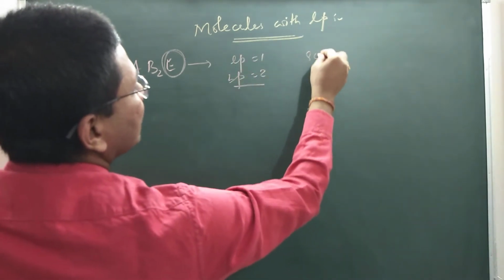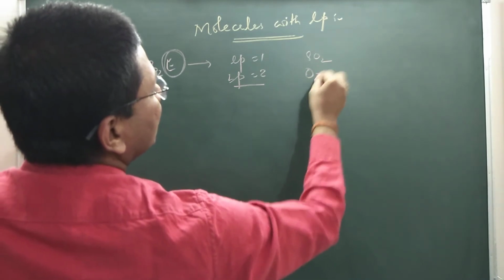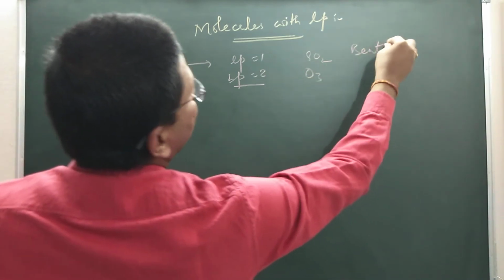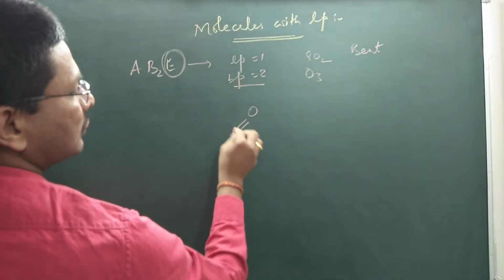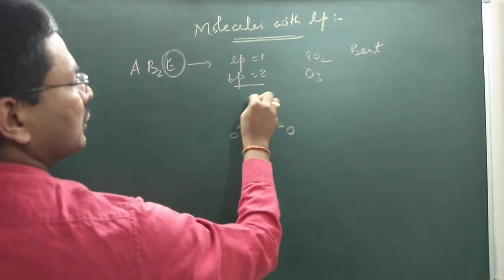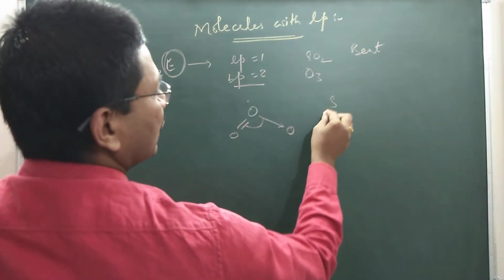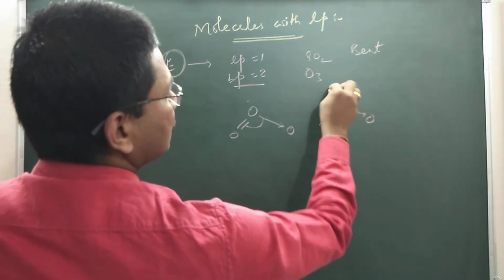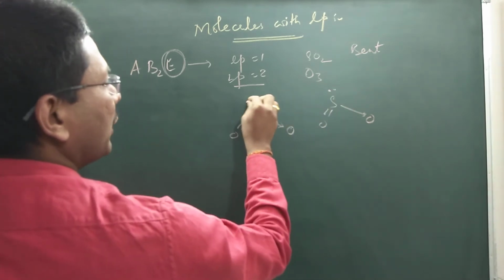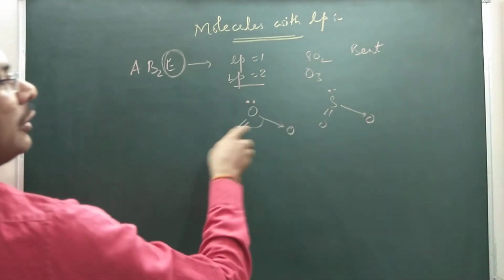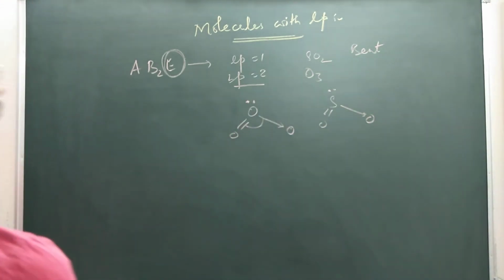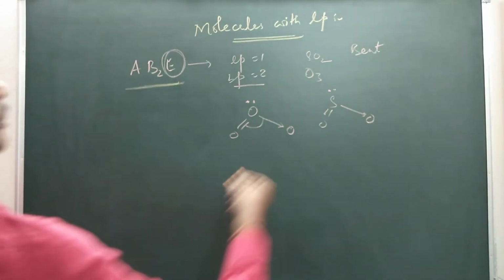Common examples are SO2 and O3. They have bent shape. You can see the ozone structure, this is bent. Similarly SO2 also is bent. So here one lone pair and 2 bond pairs are there, so the shape is bent.